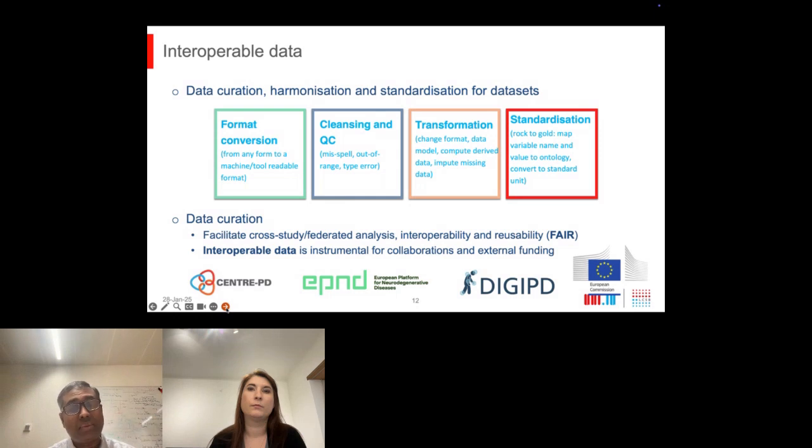It is also very important for federated analysis. You can't do federated analysis without standardized, interoperable data. Okay, this is quite important. So we invest quite a lot into data curation and standardization.